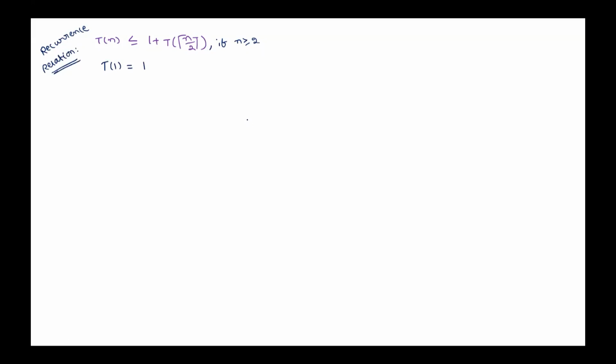Loosely speaking, some people simply say T of n equals T of n by 2 plus 1. It's not exactly correct, but in the worst case we can say something like this. Is that okay?